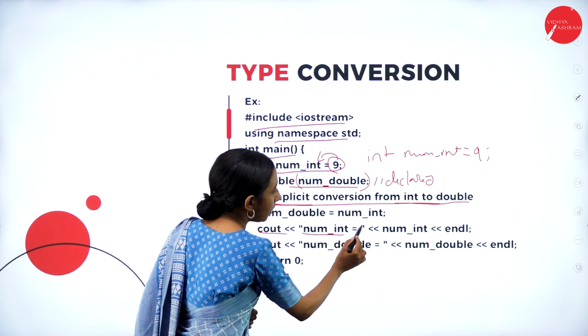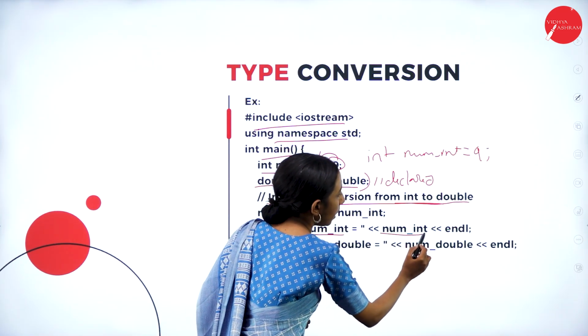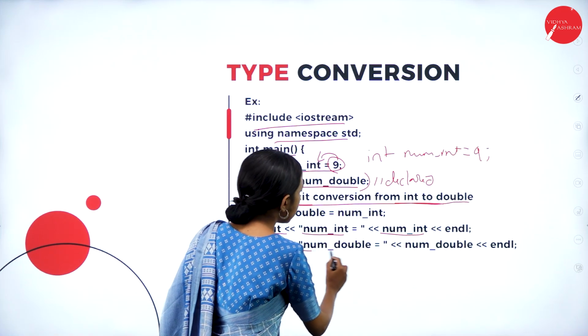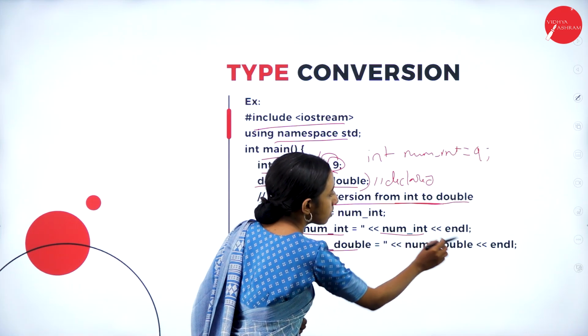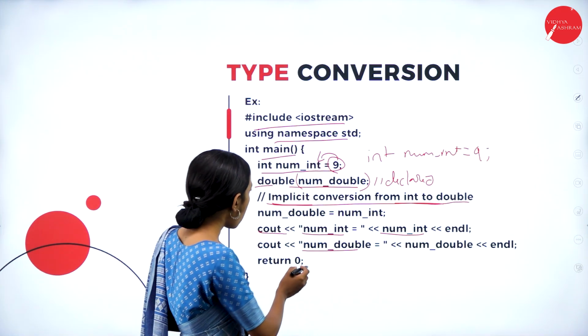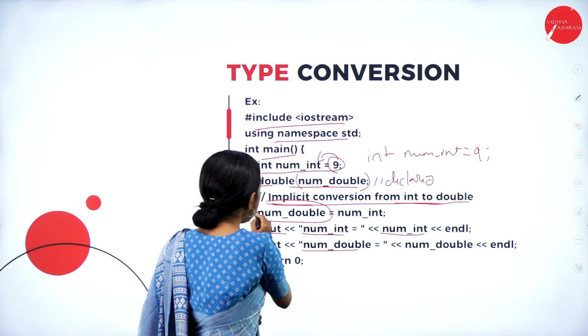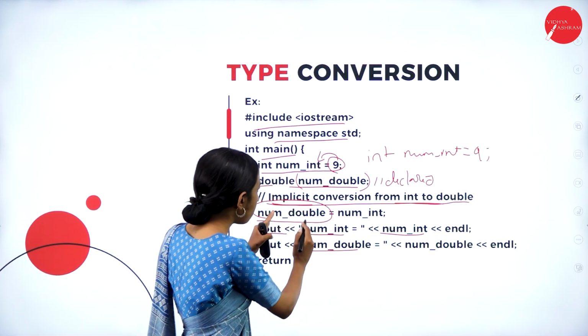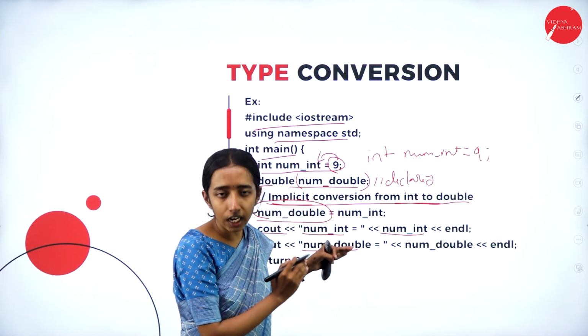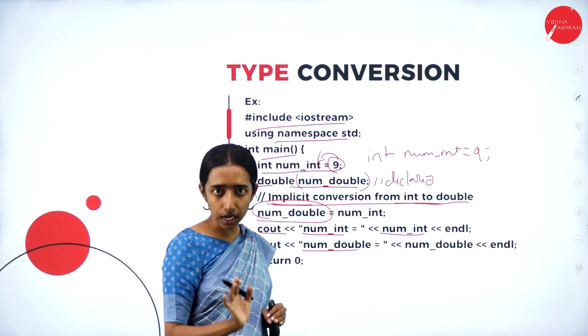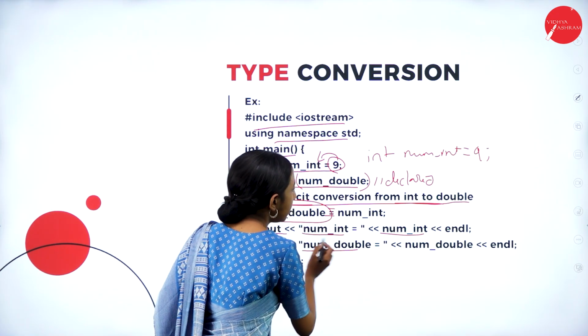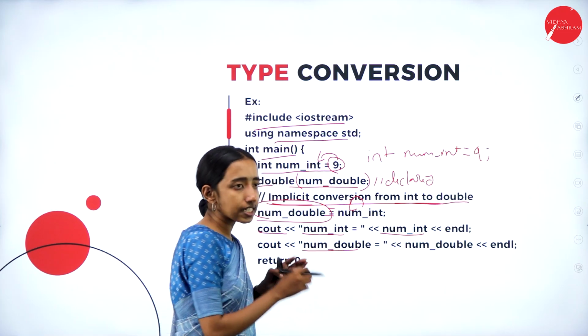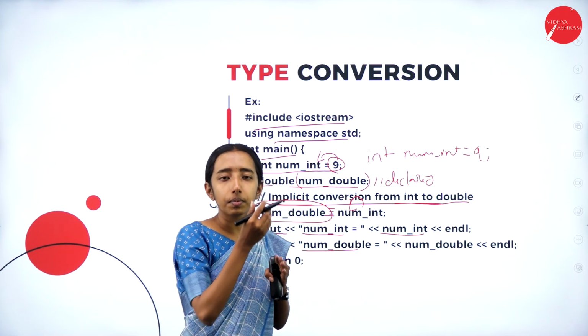cout num_int equals num_int. cout num_double equals num_double. Here you can see num_double is a variable of the type double. I am assigning num_int, which is a variable of the type int.